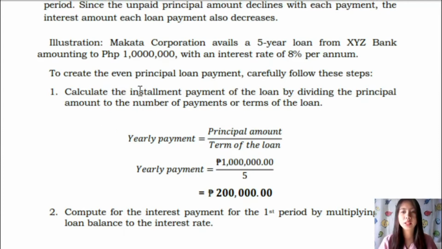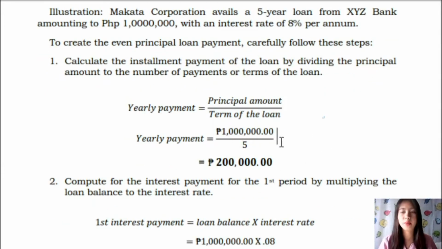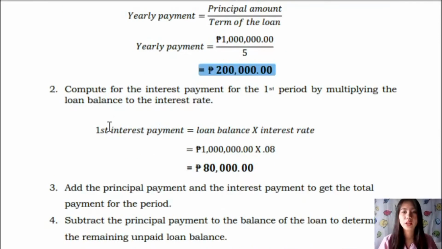Calculate the installment payment of the loan by dividing the principal amount by the number of payments or terms of the loan. So you have 1 million over 5, so you have 200,000 pesos. Then, compute the interest payment for the first year by multiplying the loan balance by the interest rate.